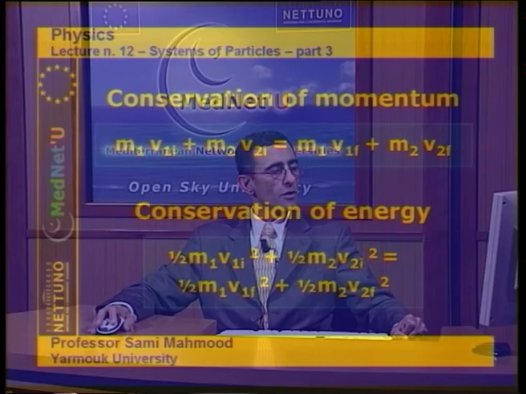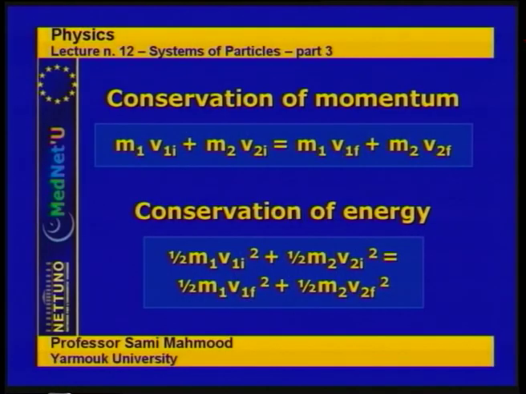So we have those two equations, and we notice that we can couple these two equations and solve the problem if we have two unknowns, as we mentioned. However, the solution of these two equations might look somewhat awkward or algebraically a little bit difficult, because one of the equations contains quadratic terms in velocity square.